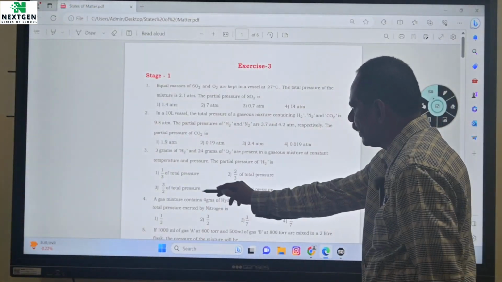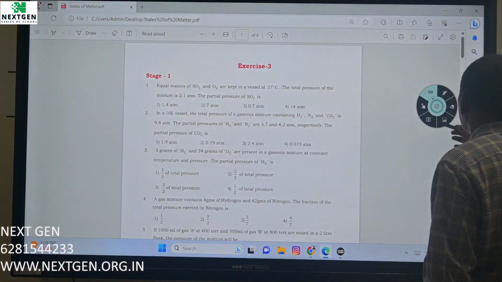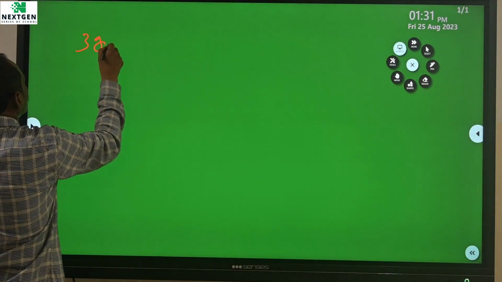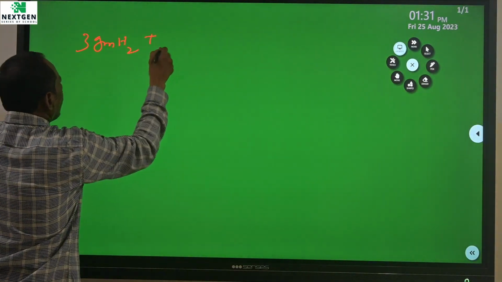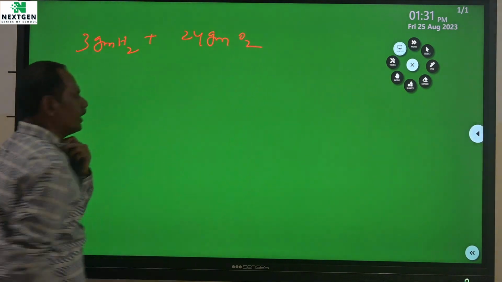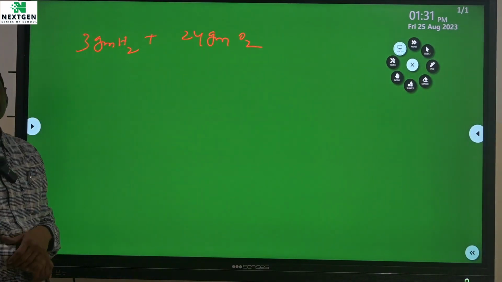The options are 1/3 of the total pressure, 2/3 of the total pressure. 3 grams of hydrogen and 24 grams of oxygen are taken in a vessel. Calculate the partial pressure of hydrogen.